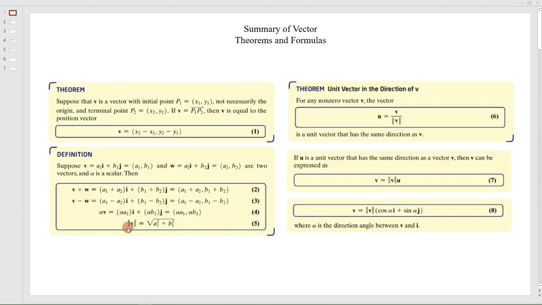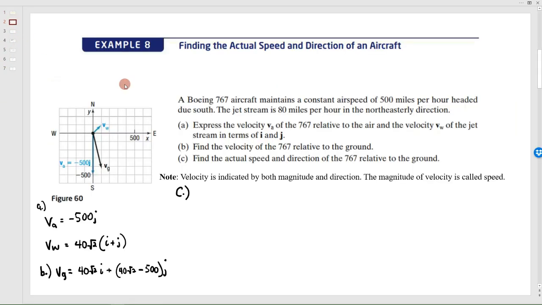Okay, so let's remember that our magnitude, in this case it's velocity, is given to us by the square root of the component parts of the vector. So I'm going to take the coefficient of i squared plus the coefficient of j squared. So for part C, I've rewritten the result for B down here.